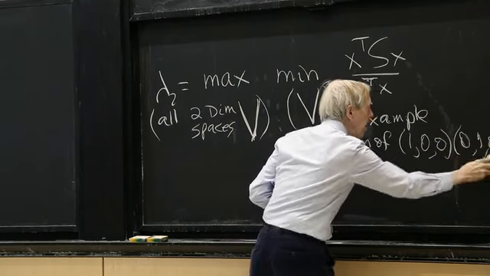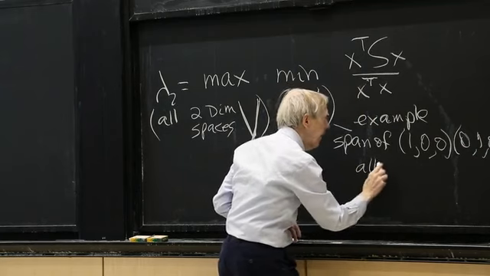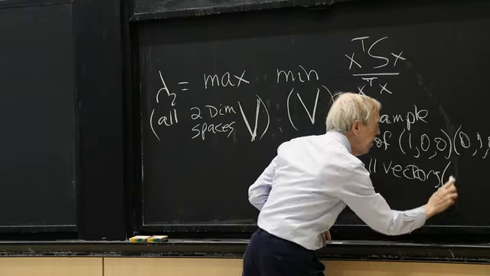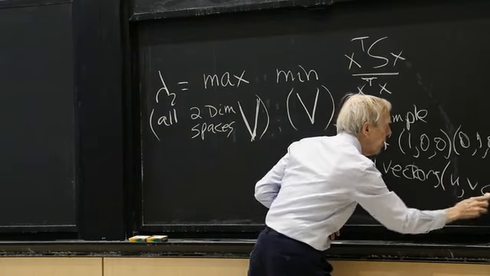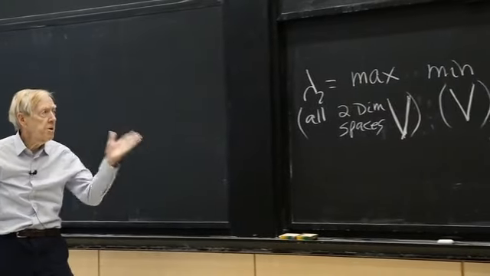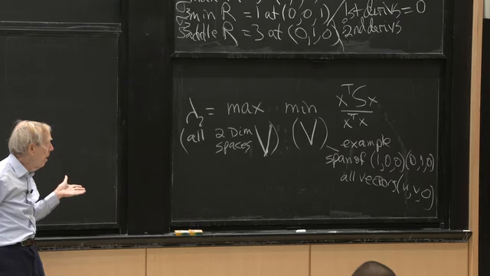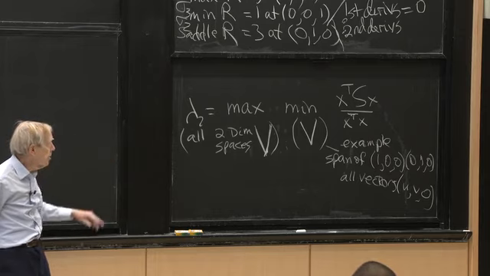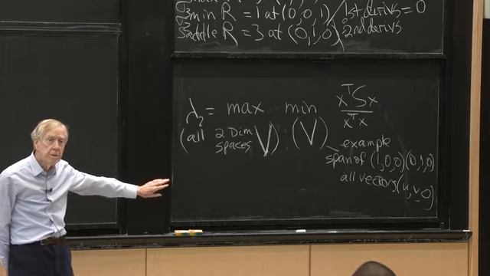In other words, all vectors (u, v, 0). That's a 2D space. What is the minimum of that Rayleigh quotient over that two-dimensional space?